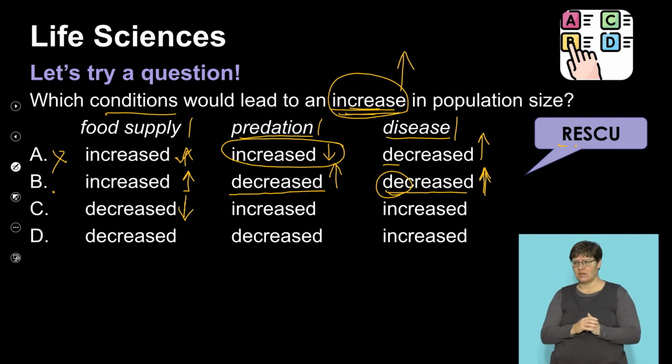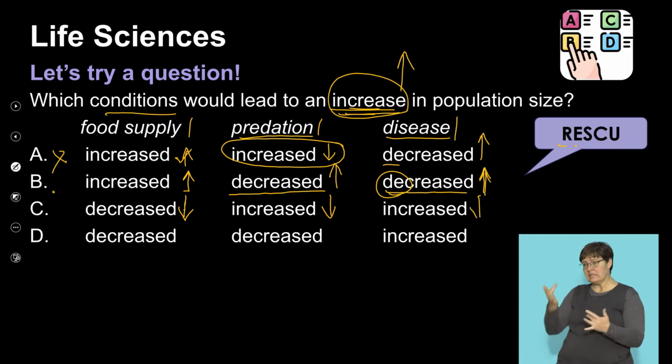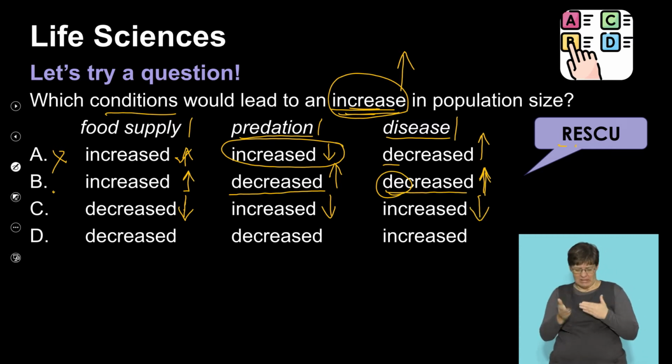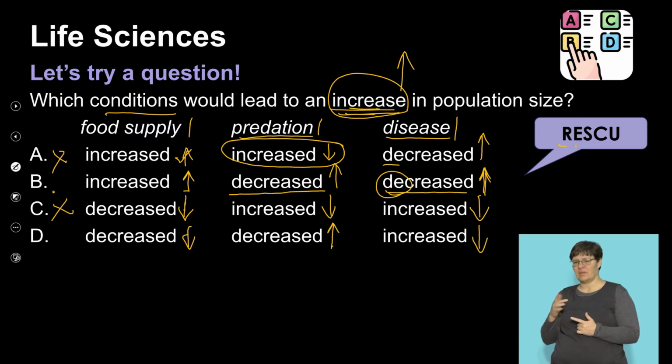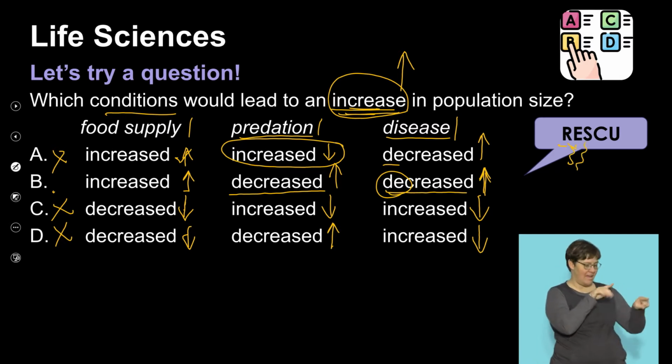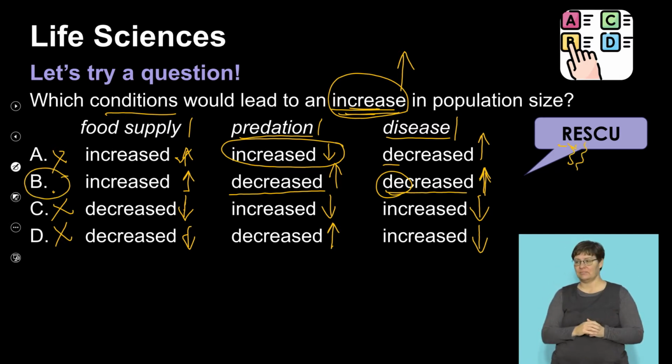An increase in predation is also going to decrease population size. An increase in disease, that one is definitely needing to be eliminated. Now I'm going to select that B is my answer.